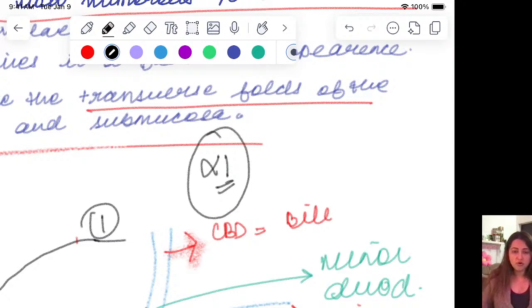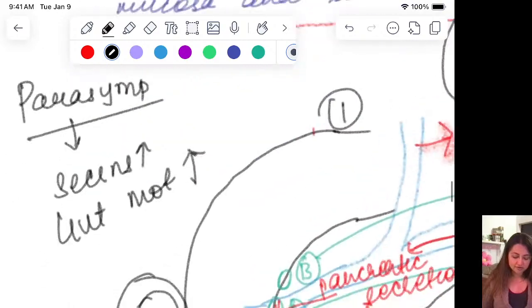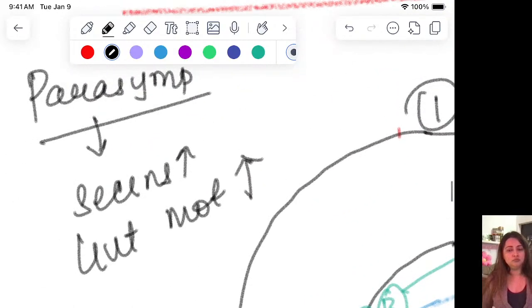Alpha 1 receptors are present in different locations, especially in smooth muscle, be it the bladder neck, be it the blood vessels, right? And yes, the sphincter of Oddi is also going to be constricted whenever alpha 1 stimulation is taking place. So remember this, secretions are going to be piled up till that time. So constricted. Parasympathetic effect and sympathetic effect you should always know.